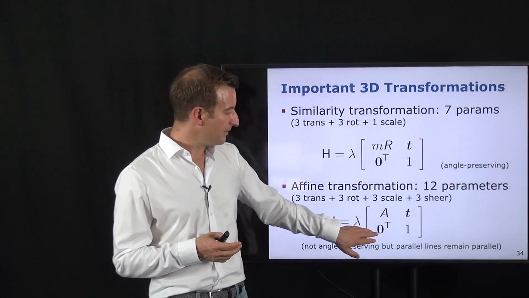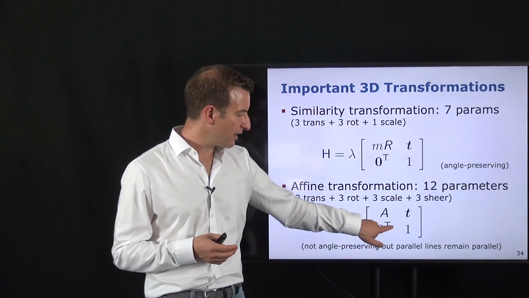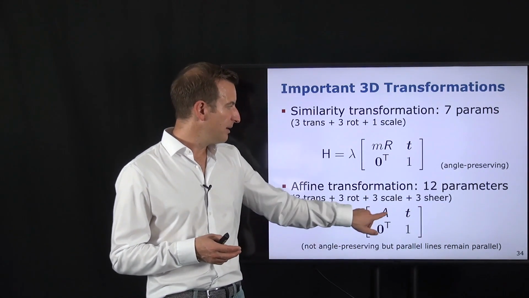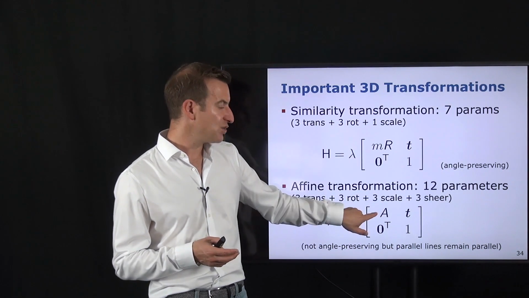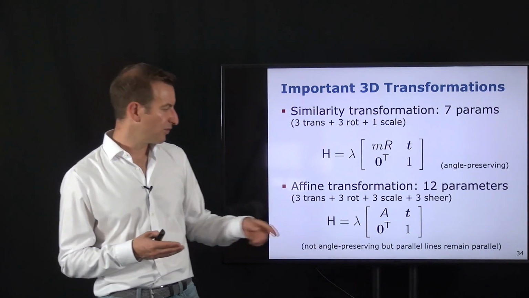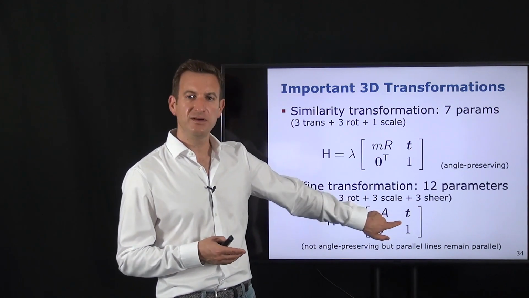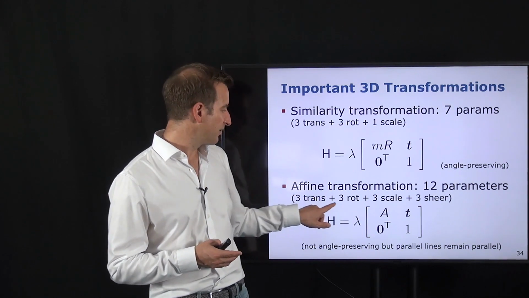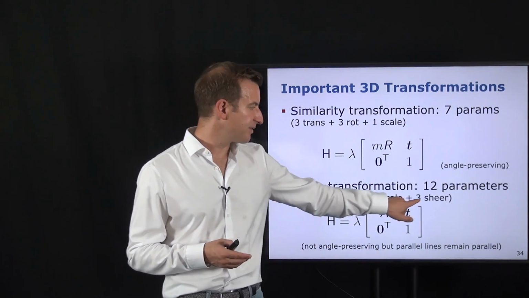And then we still have these zeros down here, our translation vector here, our 1 sitting down here, but this matrix, which was a scaled rotation matrix before, turns into an arbitrary matrix because we have 9 degrees of freedom sitting in here. So 3 from rotation, 3 from scale, and 3 from shear.